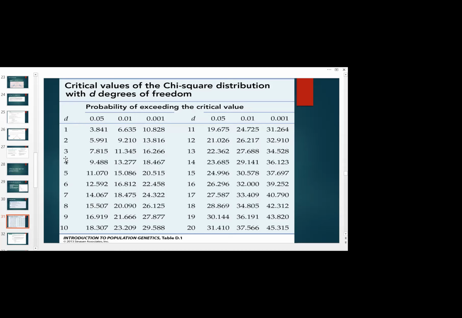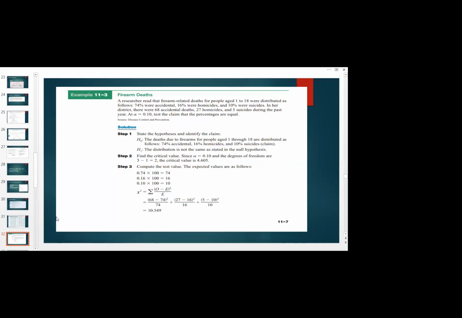So we calculate degree of freedom of chi-square by row minus 1, column minus 1, and then we take the critical value. Suppose if the degree of freedom is 8 and we have selected level of significance 0.05, the critical value will be 15.507.